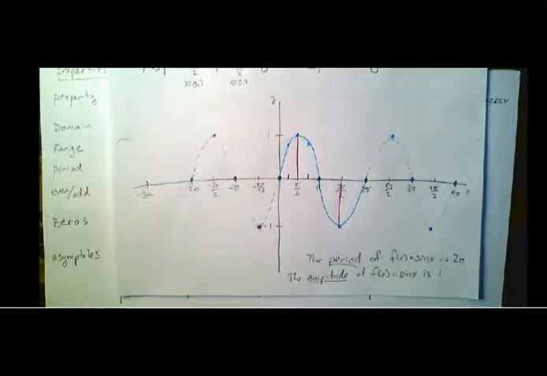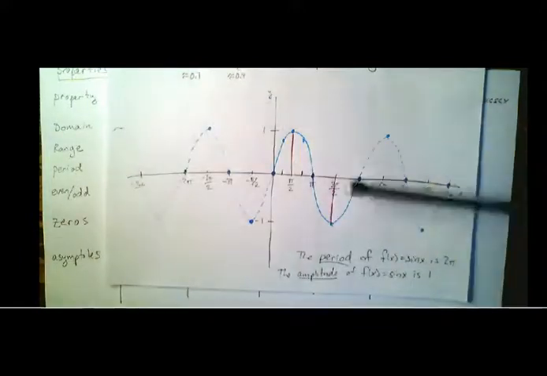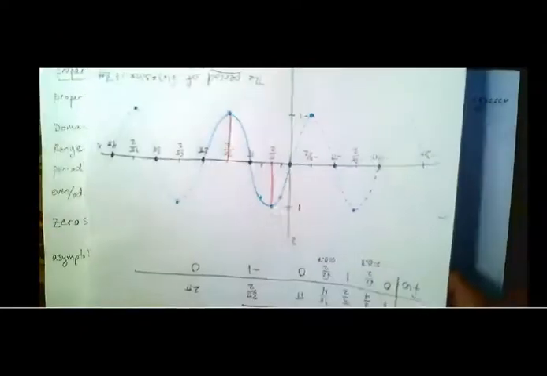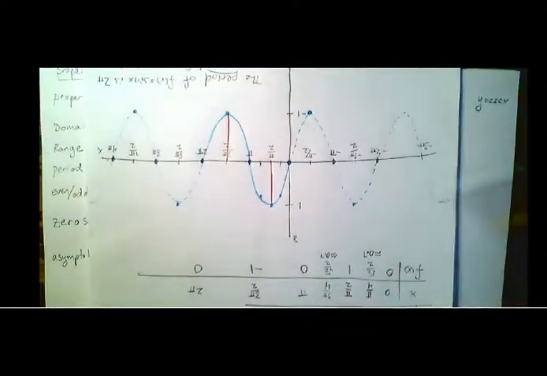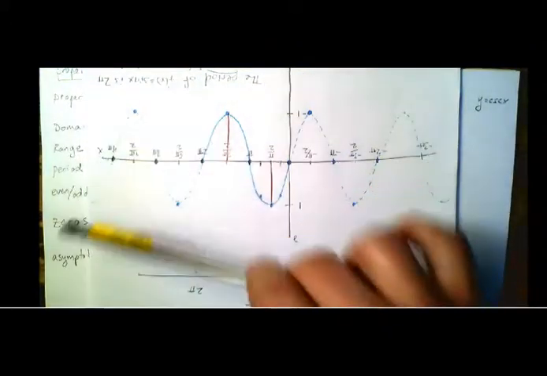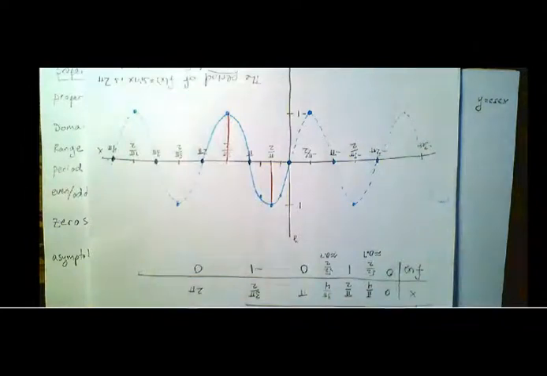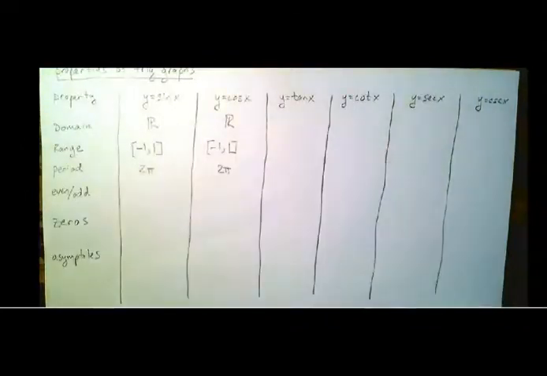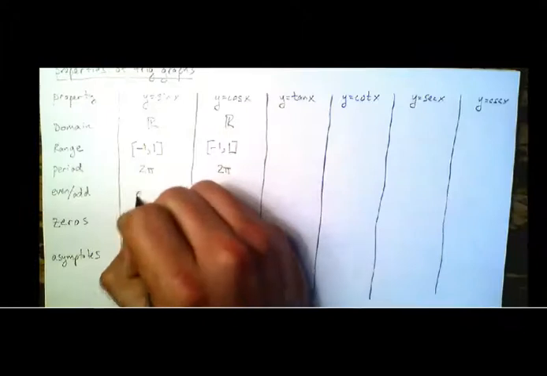And the answer would be no, right? However, if I spin this entire curve around the origin, basically flip this paper upside down, I get exactly the same looking curve. Therefore, the sine function is symmetric about the origin. Thus, it is an odd function.